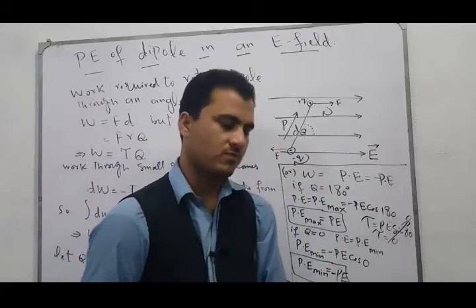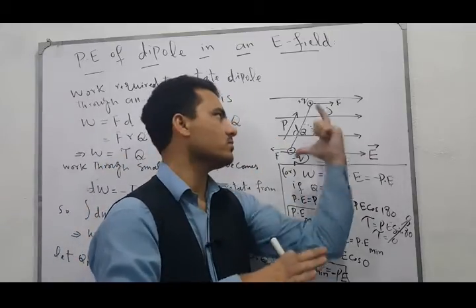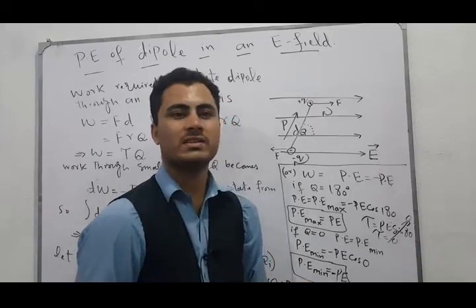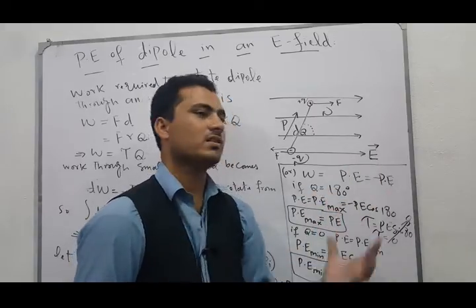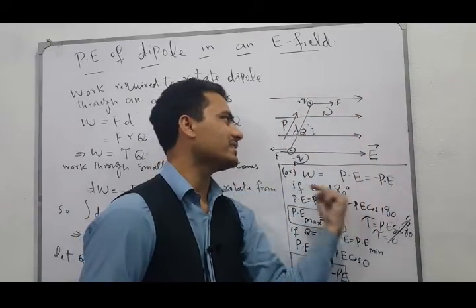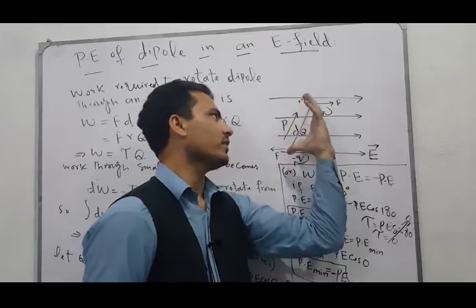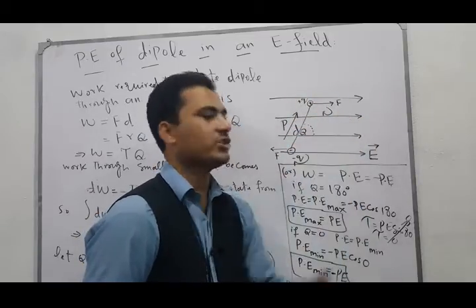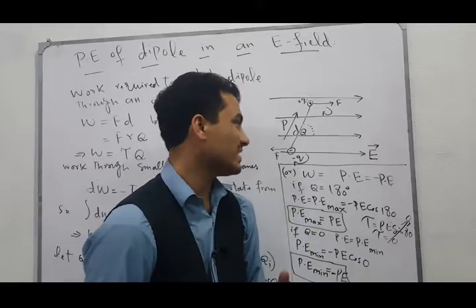It means that the net force on this dipole in a uniform electric field becomes zero, which we already investigated in our previous lecture. Similarly, the torque produced as a result of rotation of this dipole is in the clockwise direction, which we also investigated in our previous lecture.